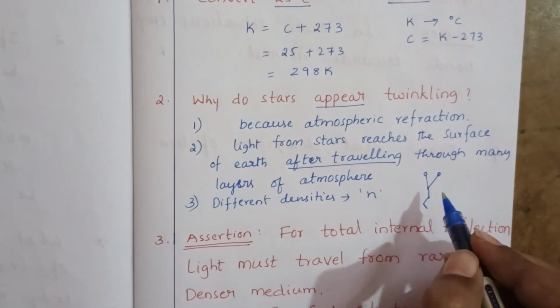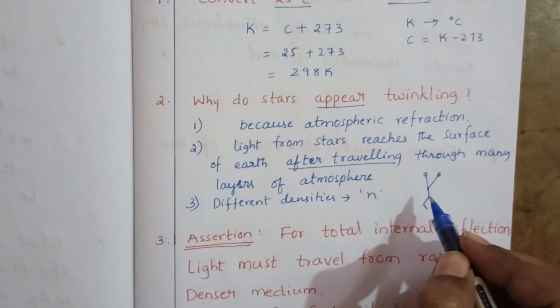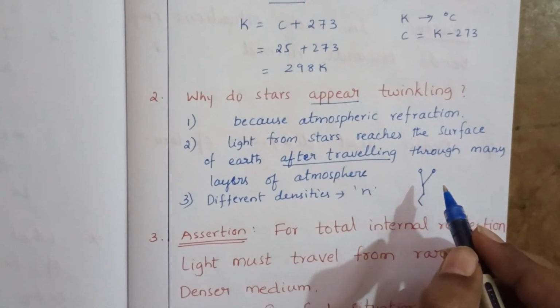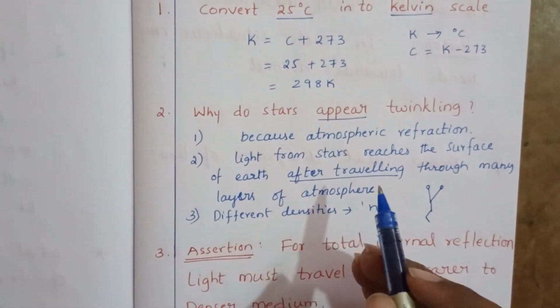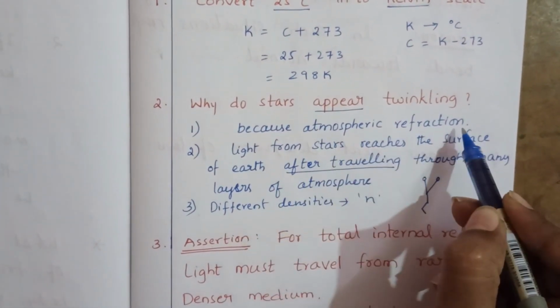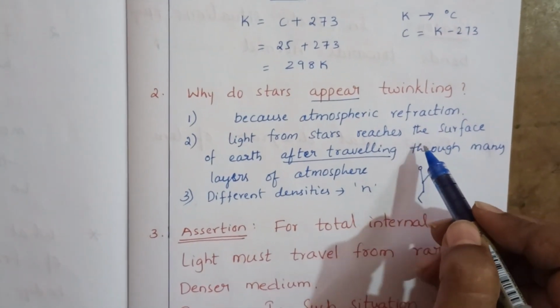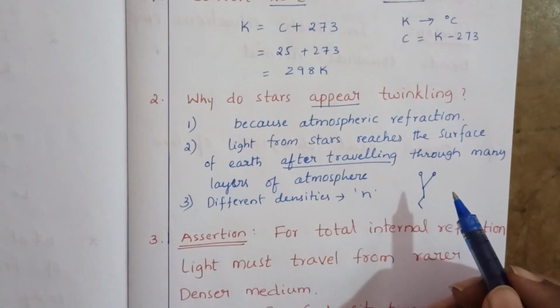So we are seeing the apparent position of the star, which we see as twinkling. If they ask for 1 mark, because of atmospheric refraction is enough; for 2 marks, we should write these points also.